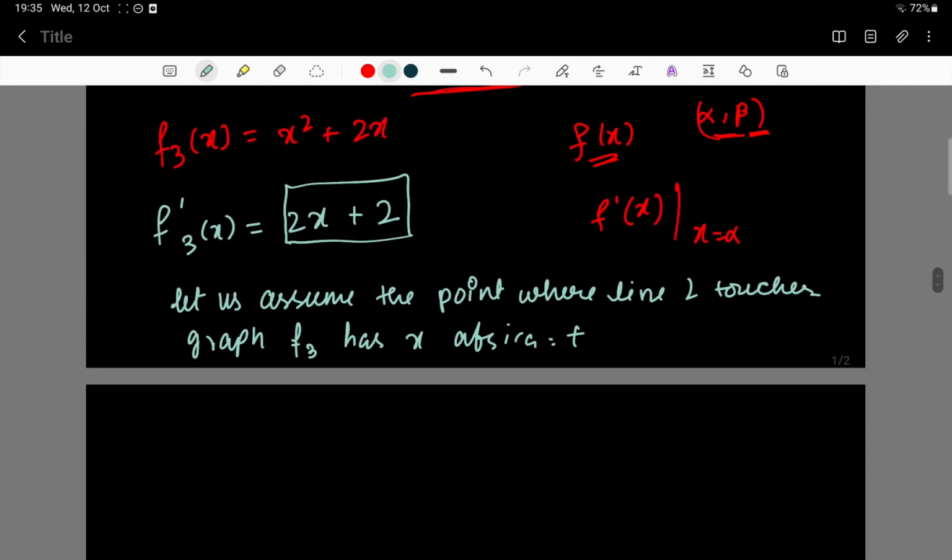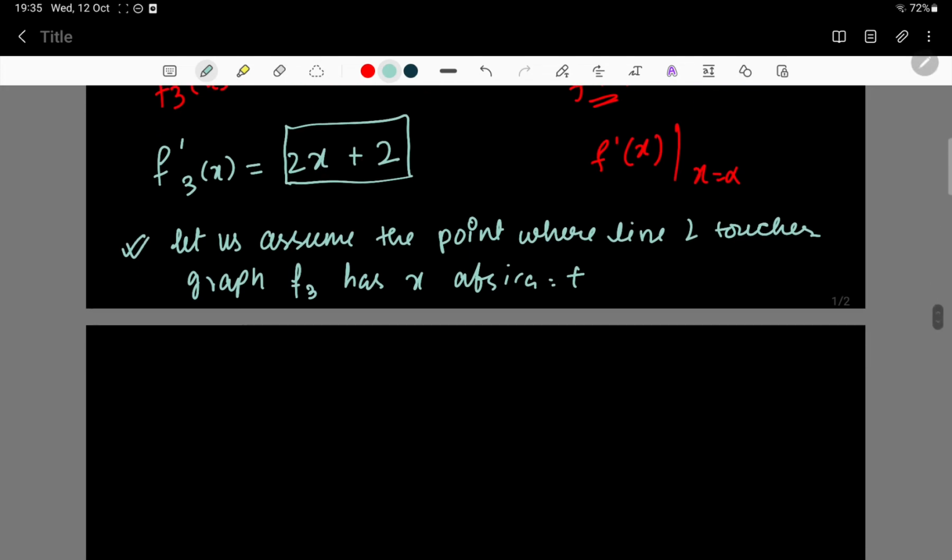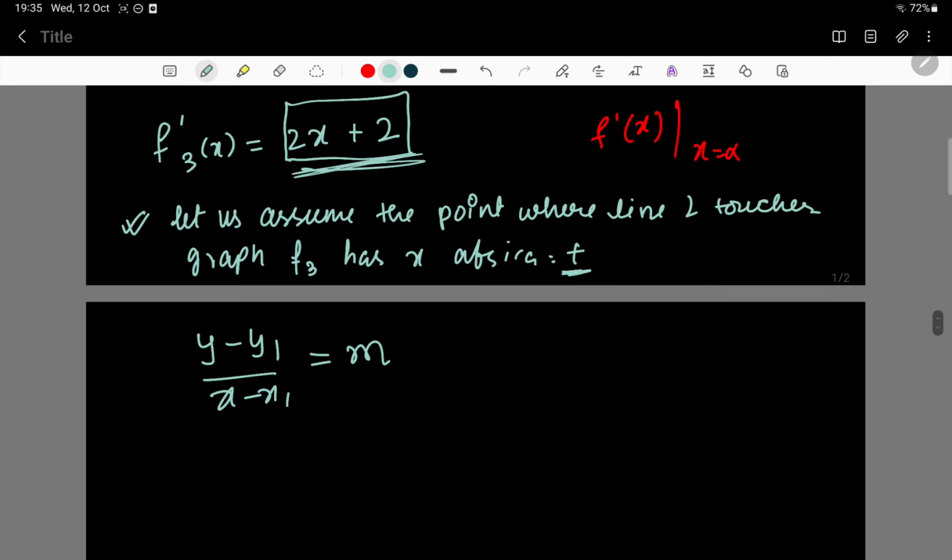Now why is it important to assume this? Otherwise, a general mistake is that if you did not take t or a specific value of x, you would use y minus y1 upon x minus x1 equals m. Then you will be confused that m is also a linear function in x, and this is also a linear function in x. So you will get y as a quadratic, and a tangent, obviously being a line, cannot have a quadratic equation.